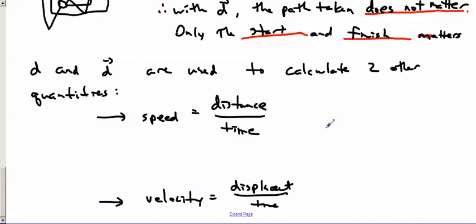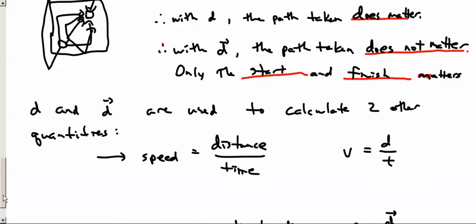And in terms of formulas and using letters, we would say that v is d over t, and down here we would say that v with a little arrow is d over t, remembering that the arrow means it's a vector quantity. And so these are two formulas and four values, distance, displacement, speed, velocity, that we'll be using in this class all over the place.